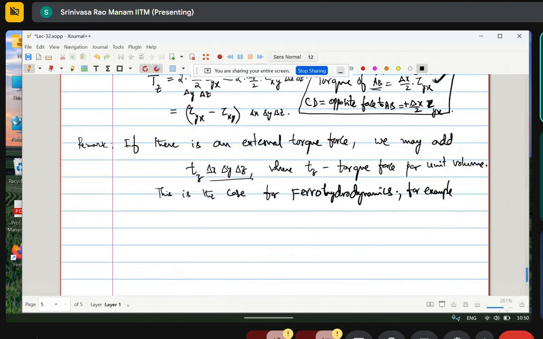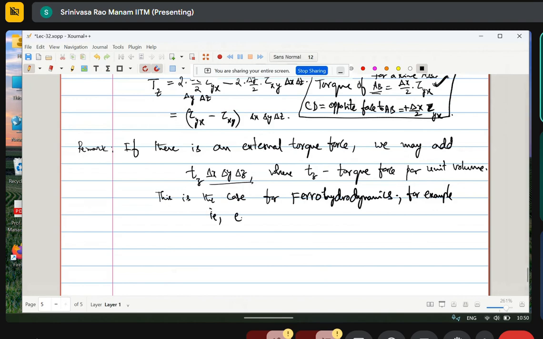So this is basically that external magnetic force creates external torque. You understand? It's just a remark.